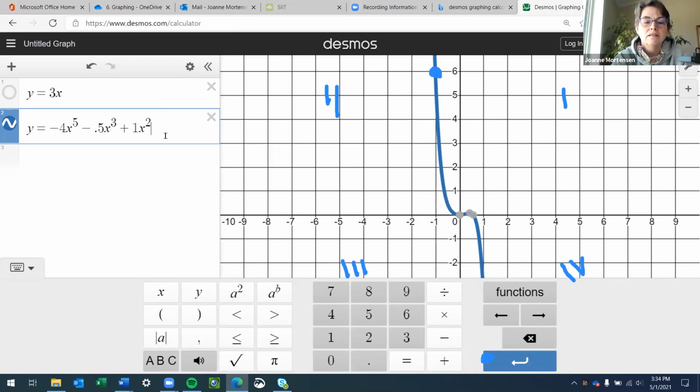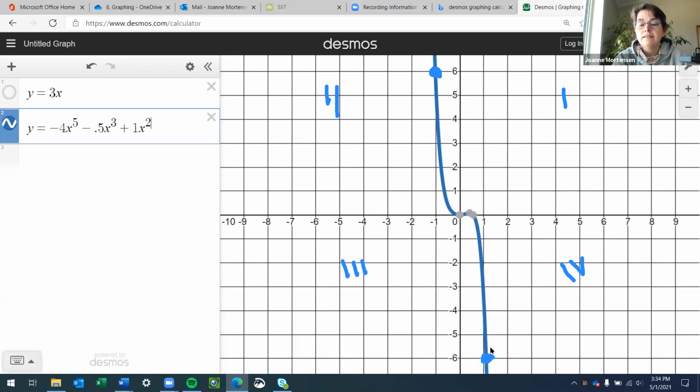Oh, no, I like just a plain old x. See, we're starting to get a lump in the middle. It's all the same. It's still starting here and ending down here. My point is there's a lot of graphs that are going to start up here and end down there.